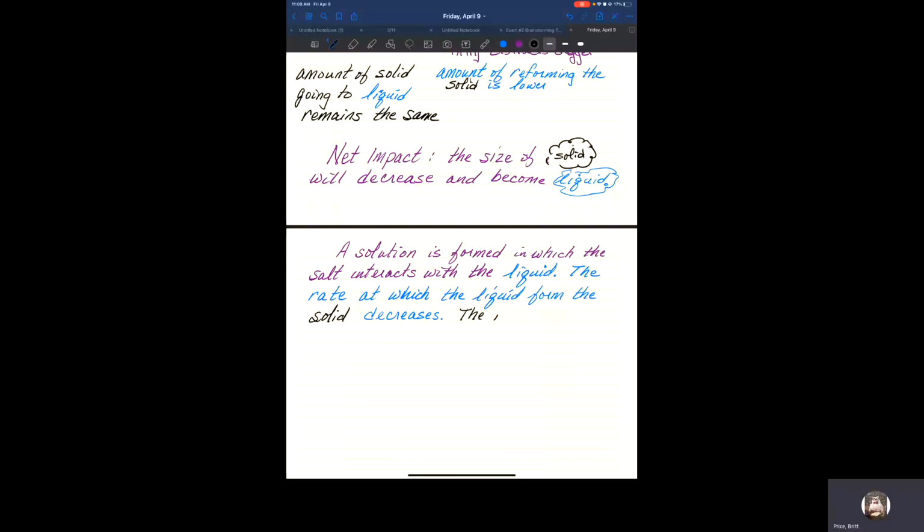The rate of solid forming liquid remains the same.